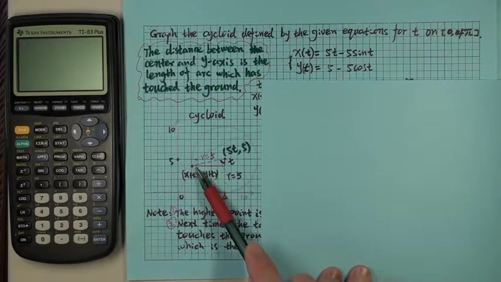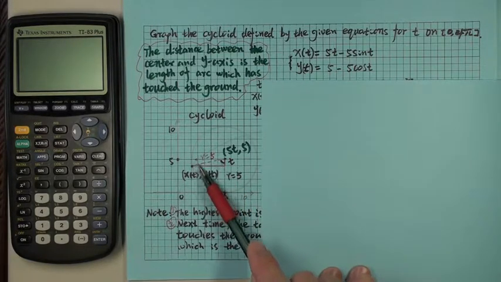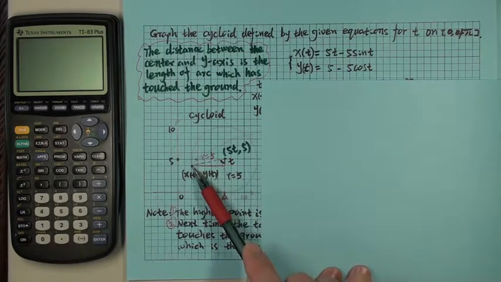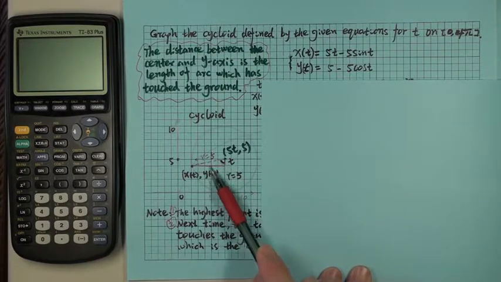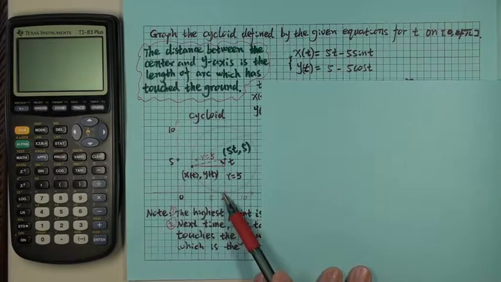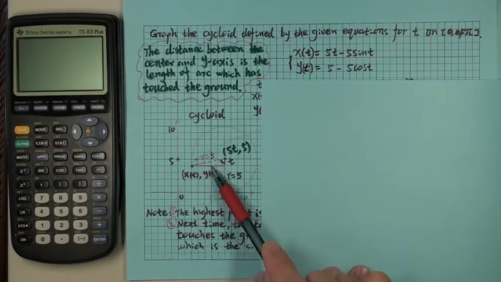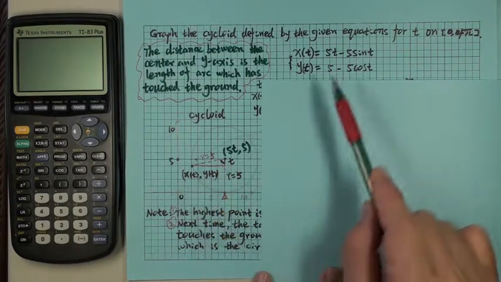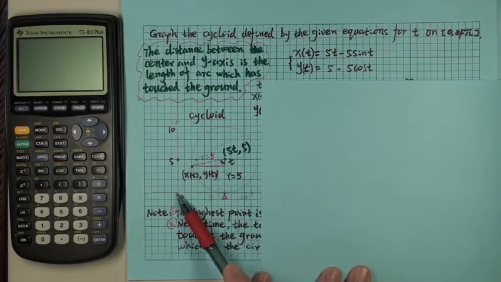Then, of course, the opposite side equals the hypotenuse 5 times sine t. So opposite side equals 5 sine t, and then the longer one is 5t. So 5t minus 5 sine t is the x-coordinate.